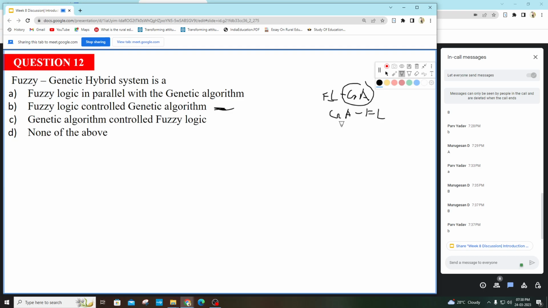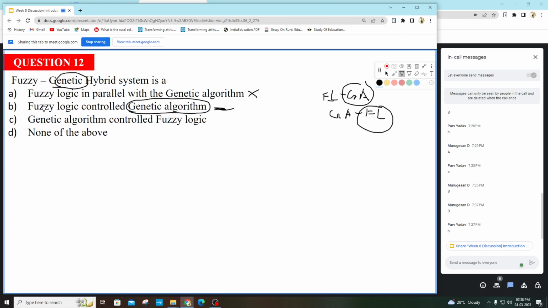If I am talking about GAFL, then FL is your main technology, and GA is used to tune some parameters of the FL. So this is the difference. Here it is asking for a fuzzy genetic hybrid system, so the genetic system will be your main system. Your answer: first, fuzzy logic in parallel with genetic algorithm, is not correct. Fuzzy logic controls genetic algorithm. So your answer should be the one where the genetic algorithm is the main algorithm.